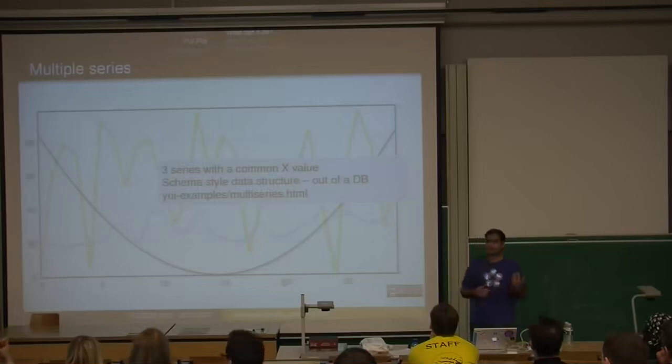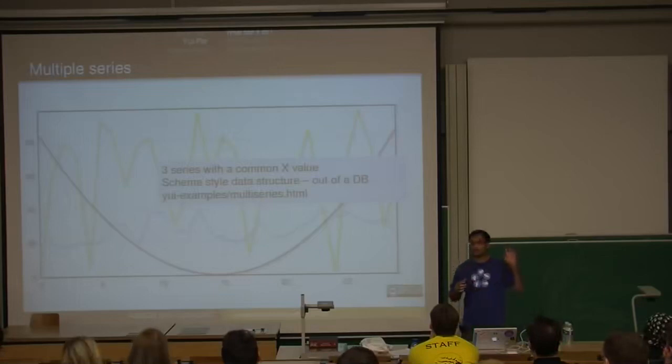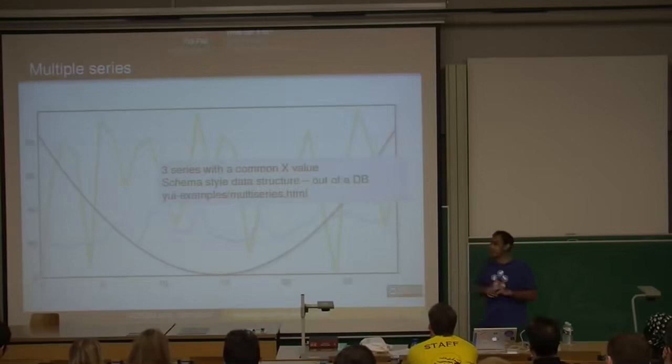So when you select it out of the database, what you get is a single row with one date column and all your other columns that need to be plotted. So it makes it really helpful if you can just pass this data structure that you get out of SQL straight to the charting library and get it to draw a chart. So that's exactly what this does. It lets you take a schema and say, okay, this is my x axis and the rest of these are my y points. So go ahead and plot it, and Flot will figure that out for you.